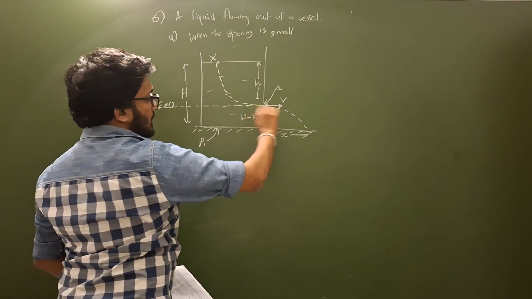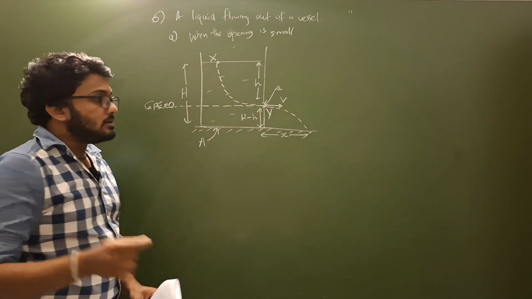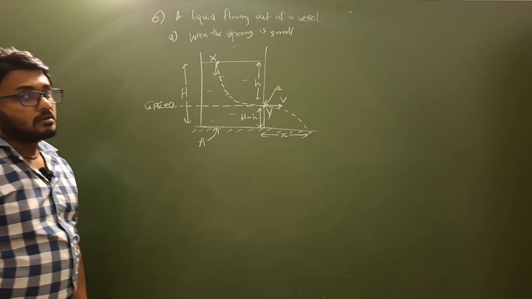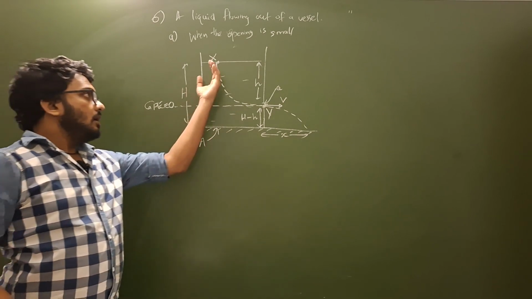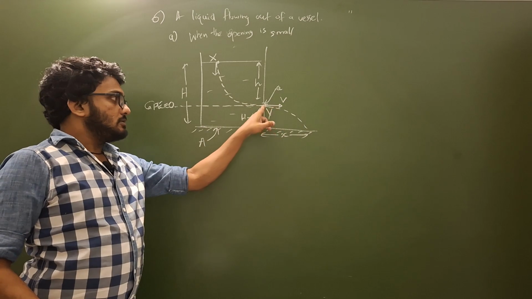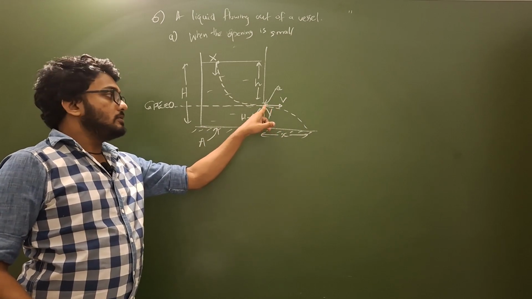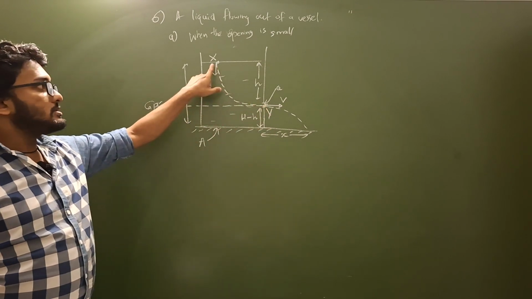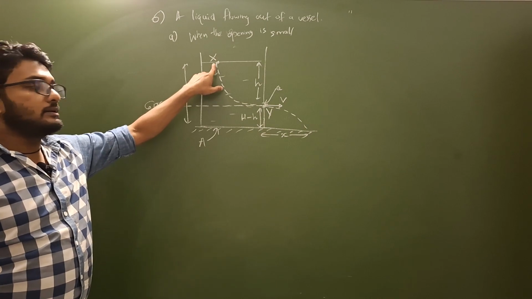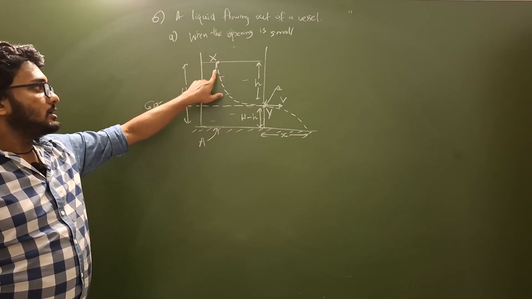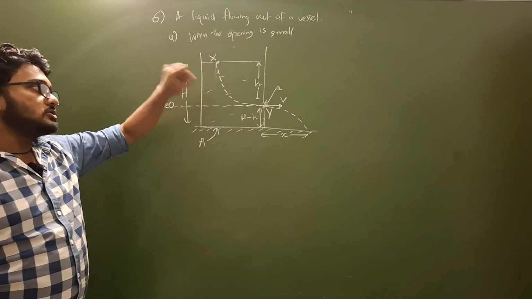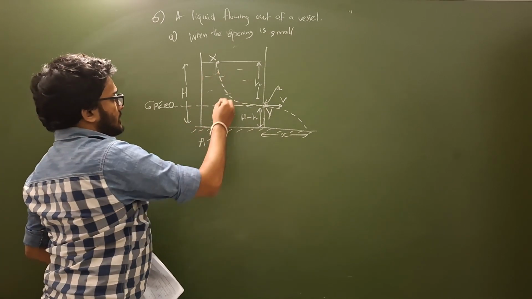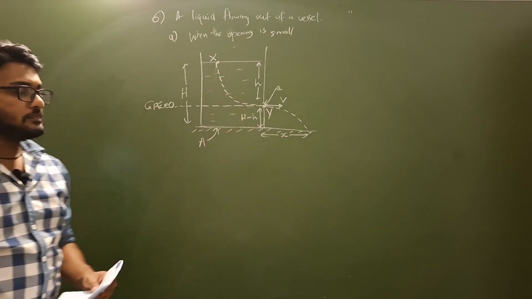So the velocity of fluid coming out from this hole is very high when compared to the velocity of the liquid particle at the top falling down. It is coming down, but it is very small, so we can neglect that velocity. That is one case. In the other case, we consider that velocity too.